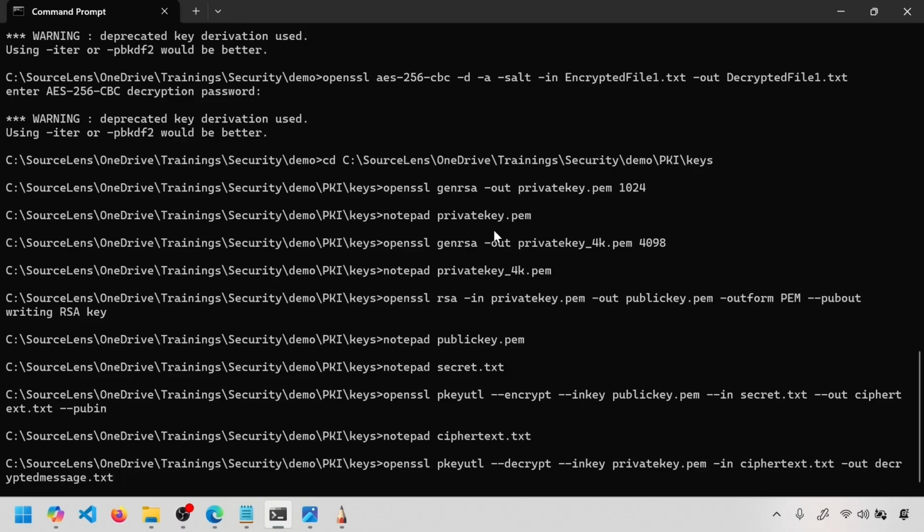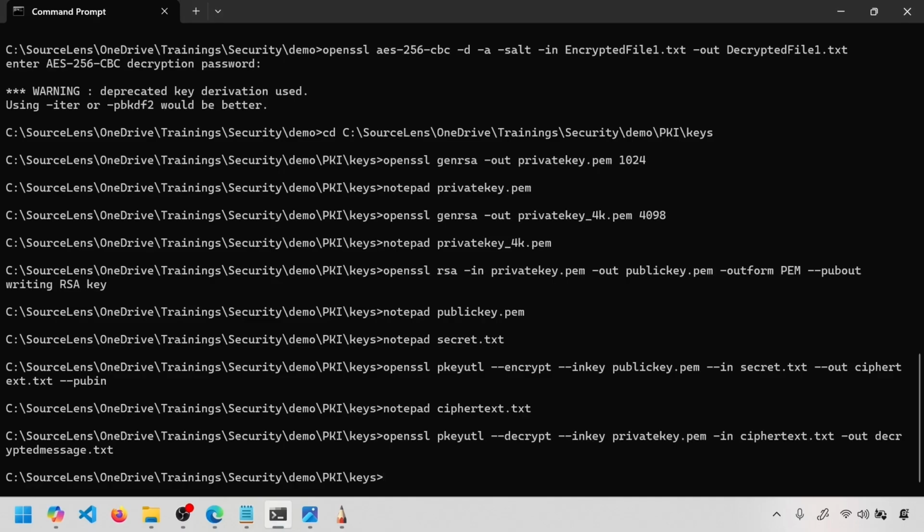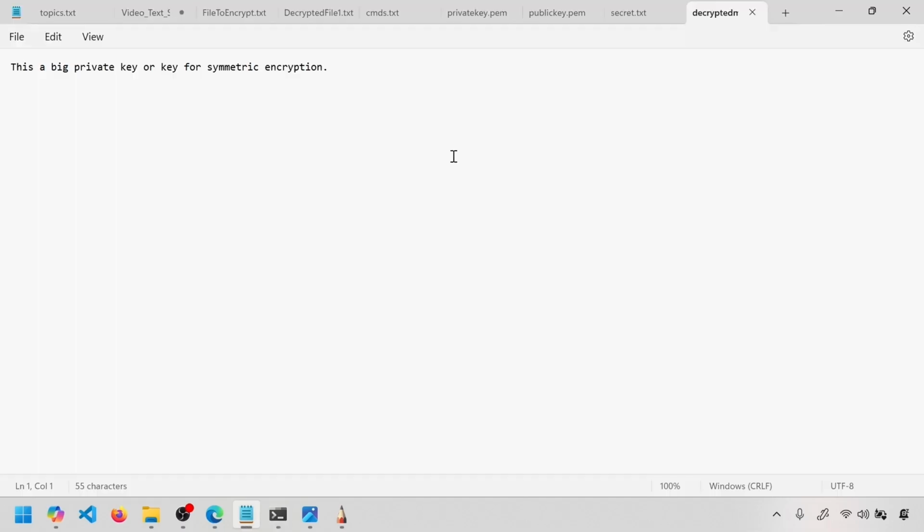Let's see if it works. If it is not working, we need to troubleshoot. Looks like something has worked. Now what I'm going to do is notepad decrypted message, and we got our original message.